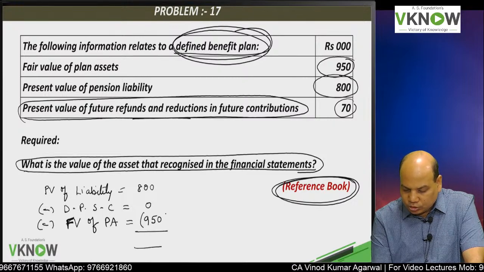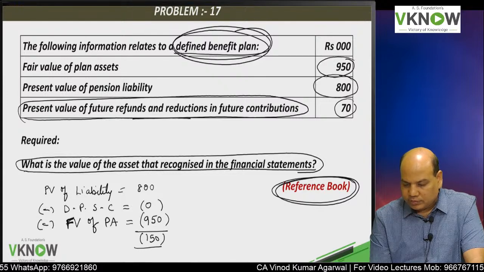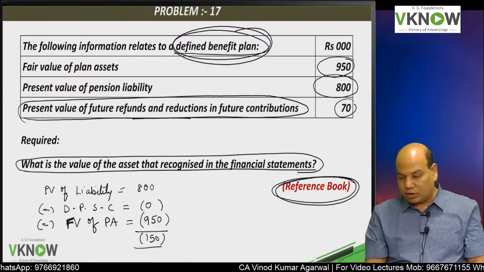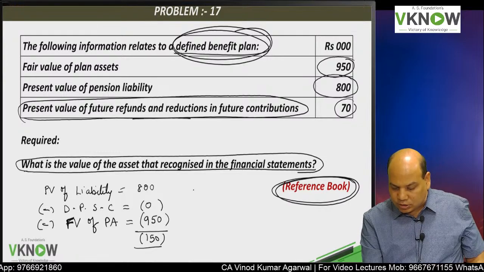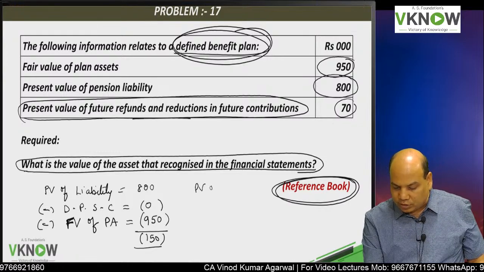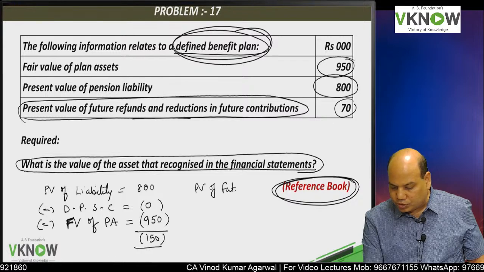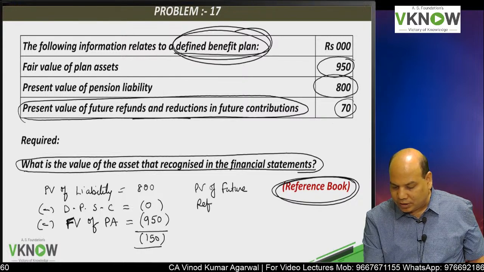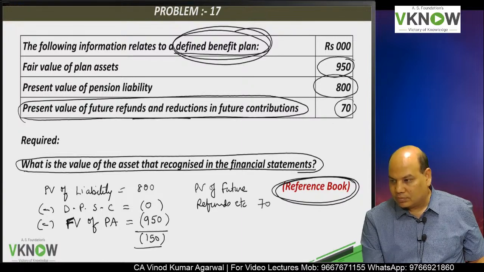So I am getting a total of 150. And what is the present value of future refund and reduction, etc.? 70.